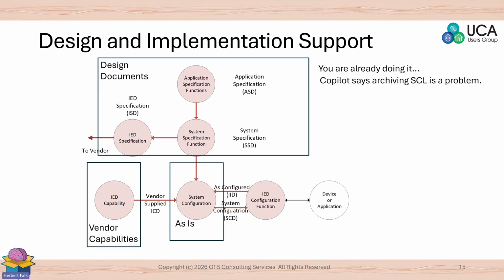So you're already archiving many documents and don't really have an as-built document. And the SCD is the as-built. So I take exception to Copilot saying archiving of SCL is a problem. I think it's a benefit.